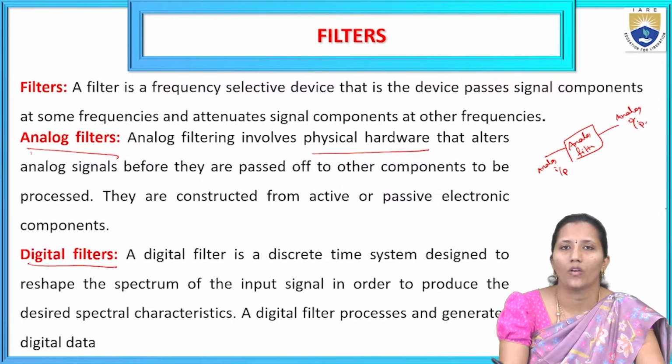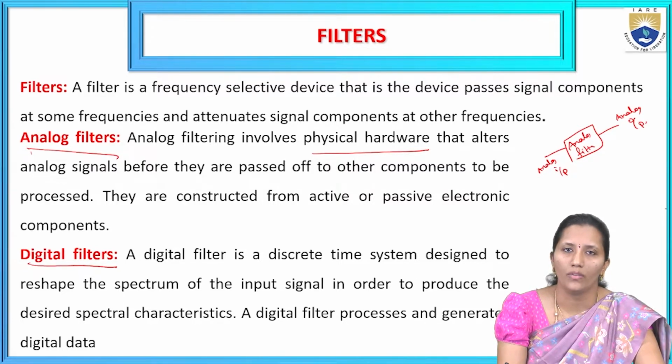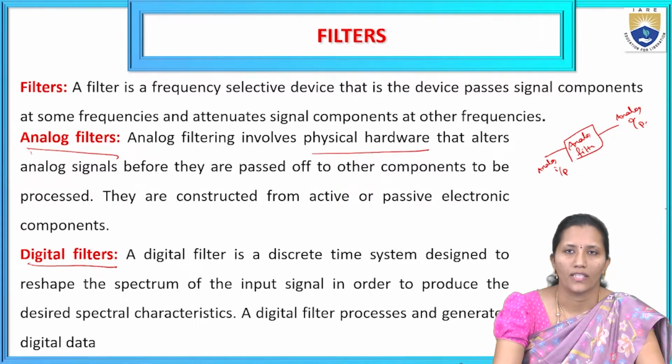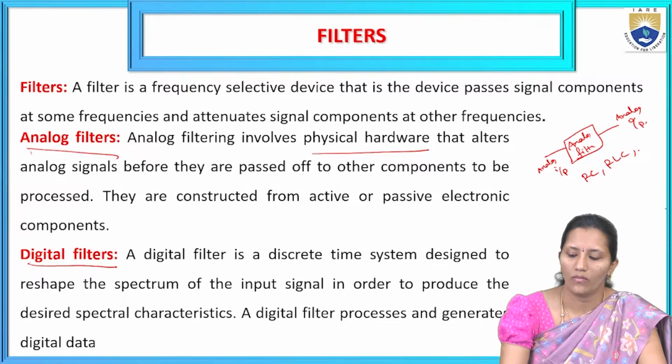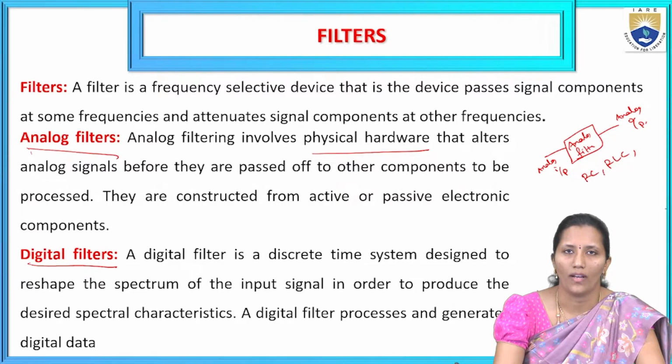Both input and output are analog. Examples of analog filters are RC filters, RLC filters and RL filters.